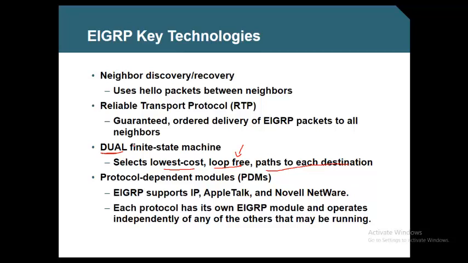Do we need to go and learn this algorithm? No. Do you have any way to look into it? No. Do you have any commands to do something with this DUAL algorithm? No. So we need to simply trust and go. That's all. EIGRP has this algorithm, and that is the algorithm which is picking the best low cost path, which is also loop free.